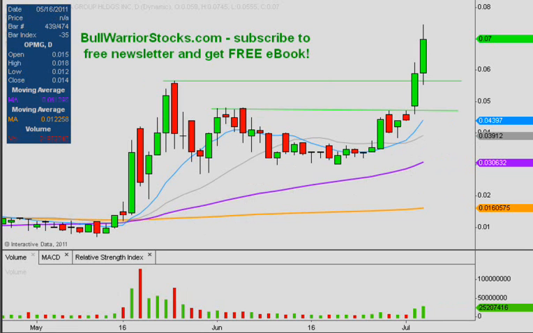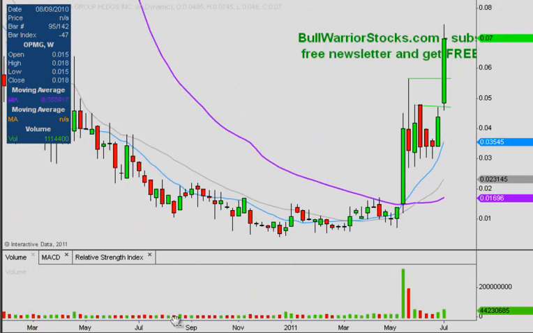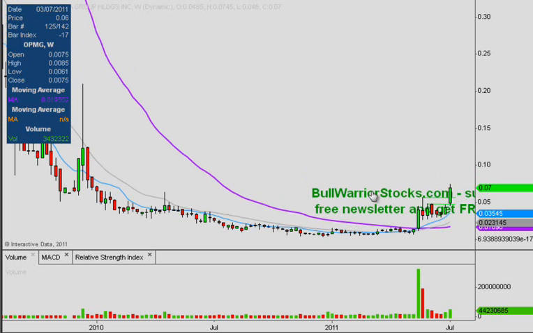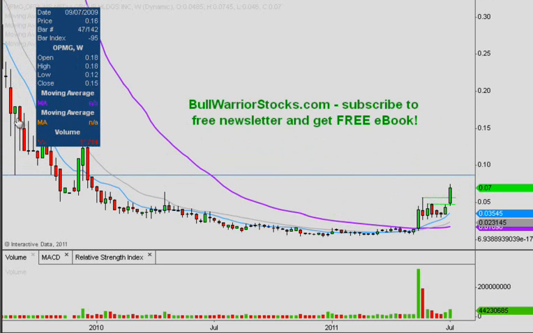Now to find some support or resistances, we're going to have to go to the weekly chart here and do some more scrunching. So here we are, and like I said, we've got to go way back into the previous history. But the next level of resistance looks to be right around here, which is at 0.087.